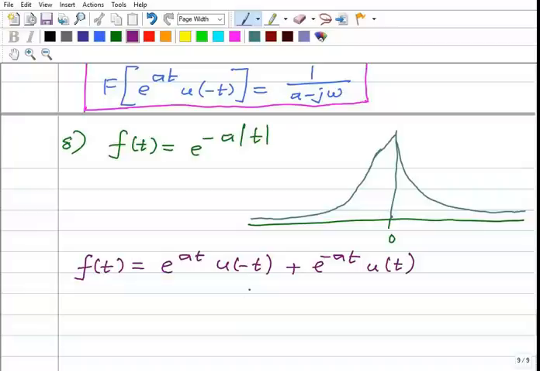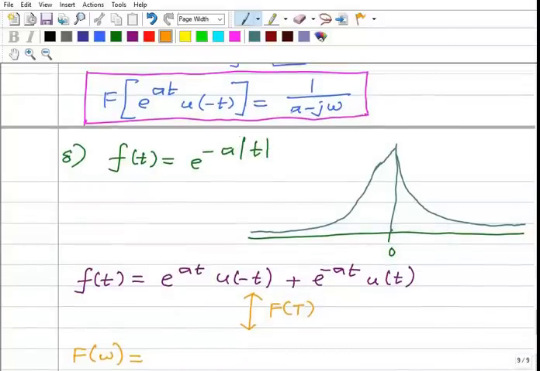Okay? So apply Fourier transform. So f of omega. What is the Fourier transform for the first equation, e power at u of minus t?